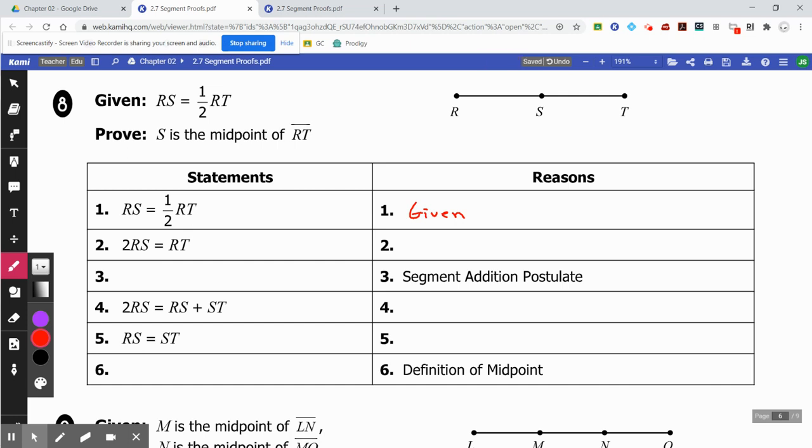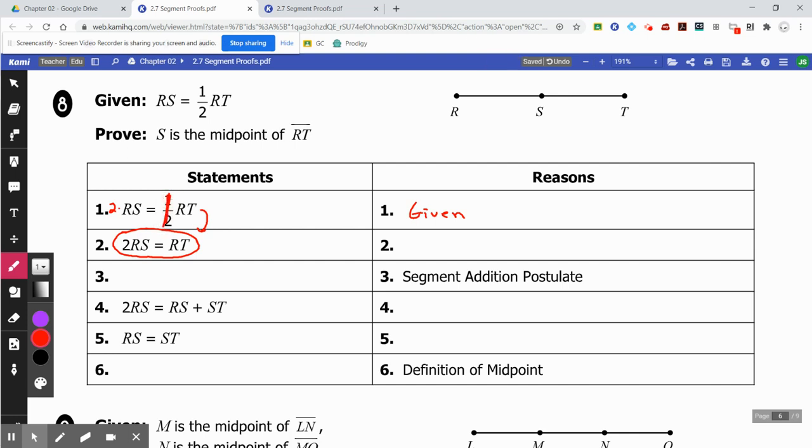Now, one thing that is different is on the first one, we weren't dealing with the fraction. But notice what step number 2 does. It says that 2 RS's is equal to RT. So how can we manipulate this to get that? Well, we're going to do a little bit of algebra here. We're going to multiply both sides by 2. 2 times a half gets rid of it.